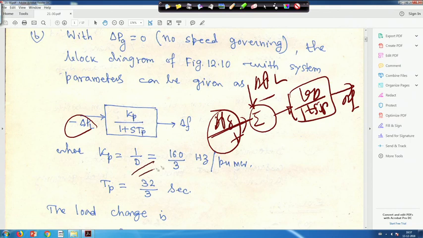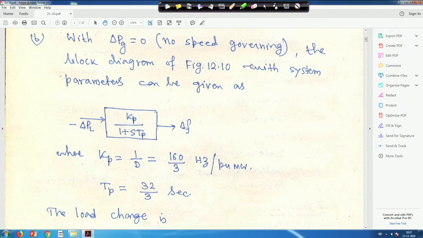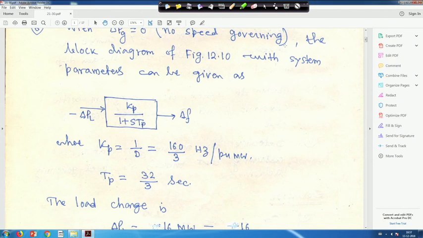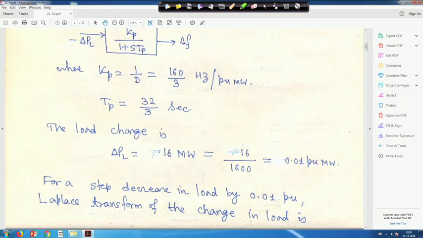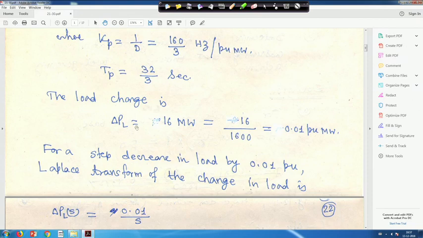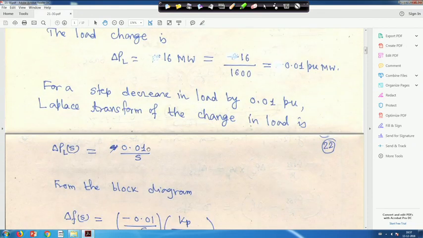Kp is 1 upon D, and Tp is known. The load change delta PL is 16 megawatt; with base 1600, that is 0.01 per unit, and it is a step decrease. So delta PL will be 0.01 upon S because of step input.